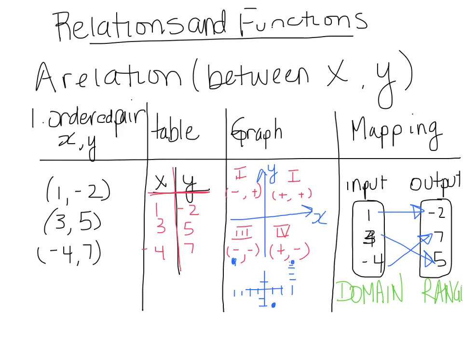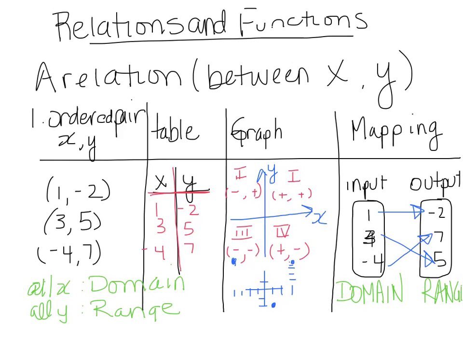And that's true for these other representations as well. Typically x is the input, you give an x, find y, and y is the output. So all your x coordinates are your domain, and all your y coordinates are your range. You can think about it as x and y, or as input and output.